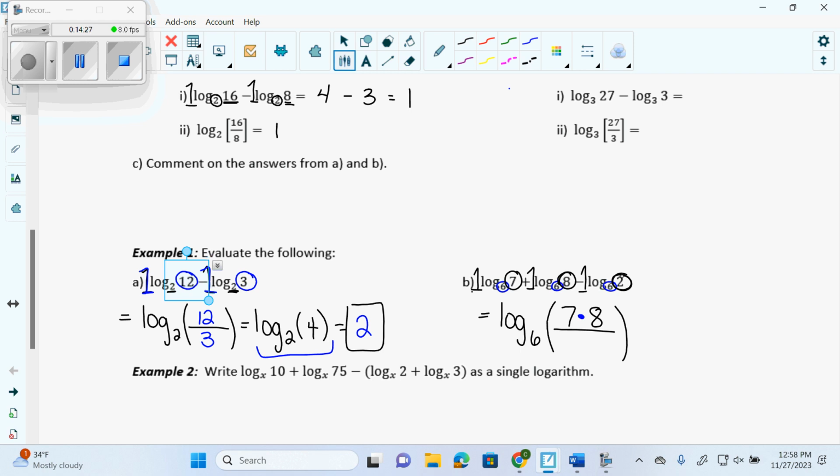The denominator. So then I'm left with log base 6 of 56 divided by 2, which is log base 6 of 28. And then we can leave it there. So you might just be testing whether you can reduce it down.